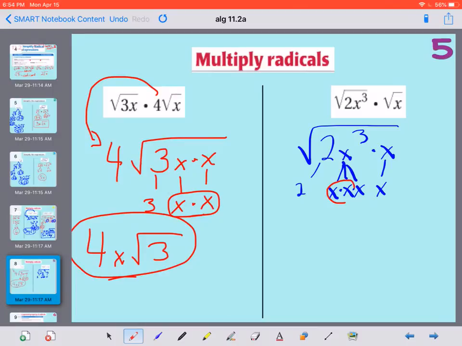X can be grouped into two groups of 2 x's, so I know I have 1 x here times 1 x here. Then what I have left on the inside is just 2. X times x becomes x squared, square root of 2.